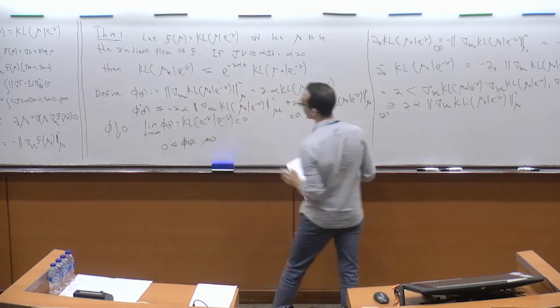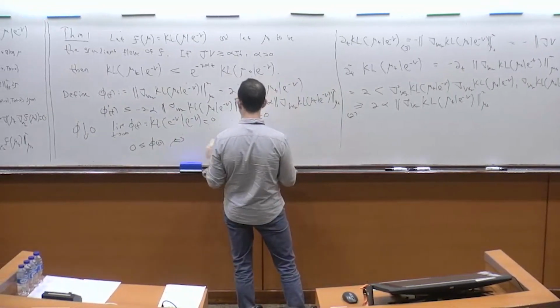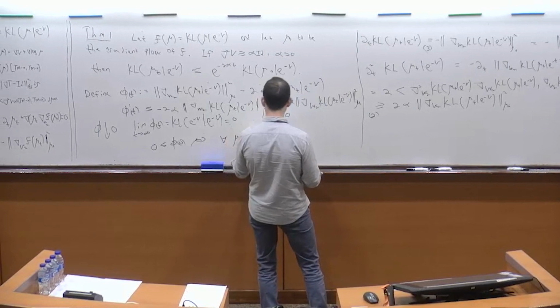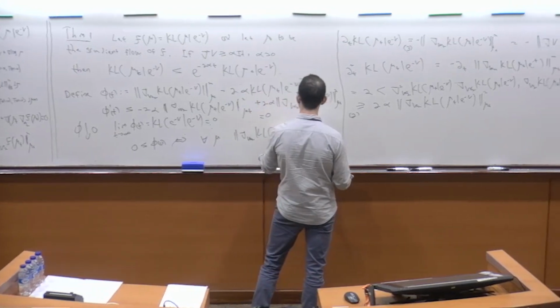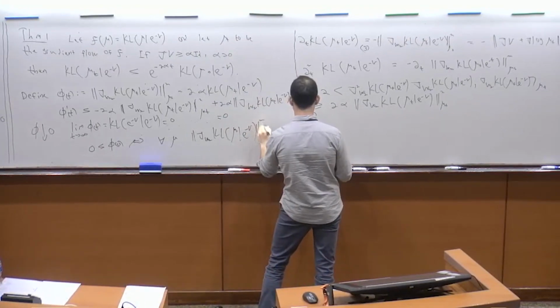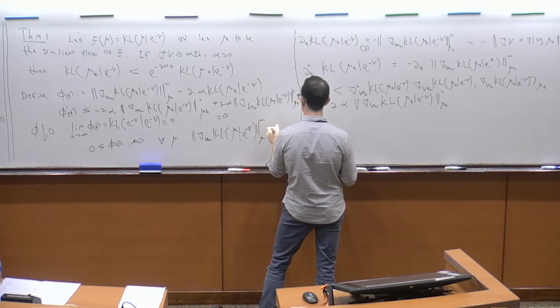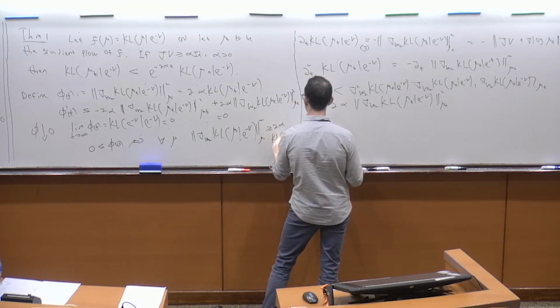If we plug 0 into the definition of phi t, we find that for every mu, the gradient of KL is lower bounded by 2 alpha times KL.